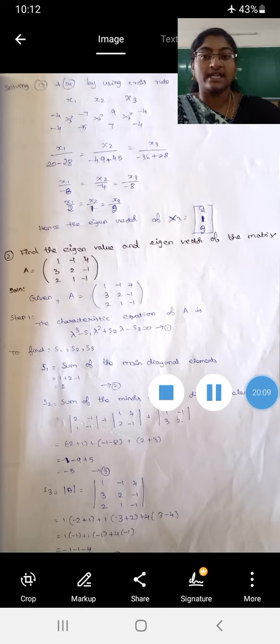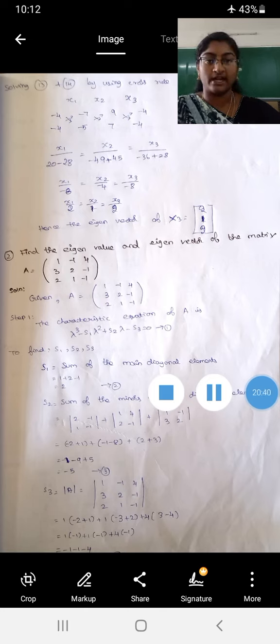Hence we get x1 divided by 20 minus 28, x2 divided by minus 49 plus 45, x3 divided by minus 36 plus 28. Hence x1 by minus 8, x2 by minus 4, x3 by minus 8. So divide all the terms by minus 4, since minus is common in all the terms, and it is also divisible by 4. So x1 divided by 2, x2 divided by 1, x3 divided by 2. Hence the eigenvector of X3 is 2, 1, 2.